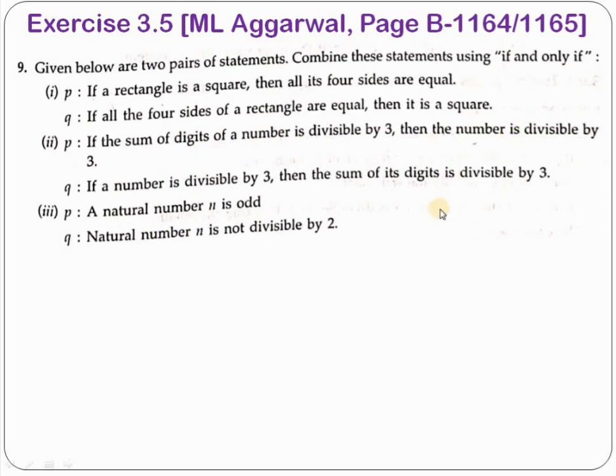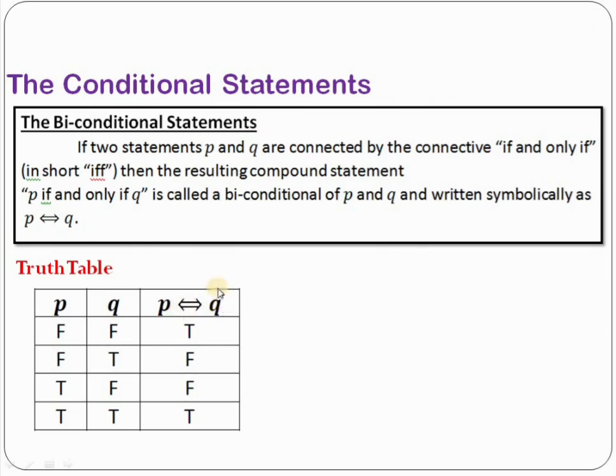So let me go back to the earlier slide where I forgot to mention one thing: how to read this. This is read as P implies and implied by Q. Let me repeat it once again: P implies and implied by Q. So this is how we need to read this double arrow.